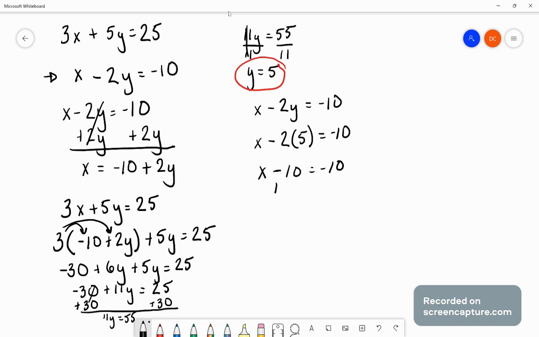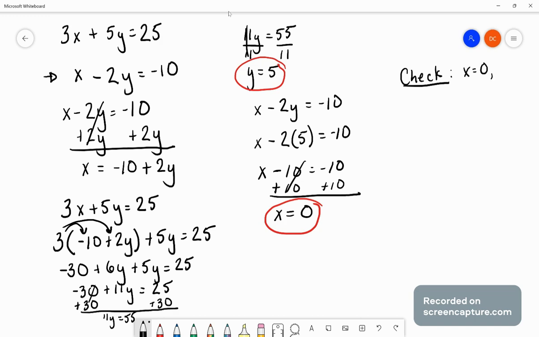We add 10 on both sides, right? And so we get x equals 0. So that's our answer. Now we have to check, right? We want to make sure that those work in both equations. Okay, so we're going to check that x equals 0 and y equals 5 works in both of those.